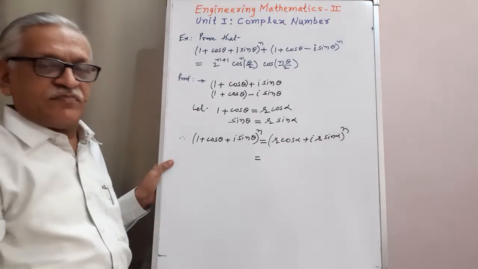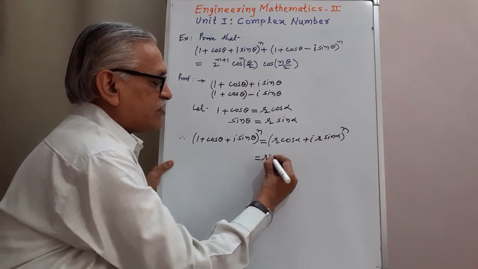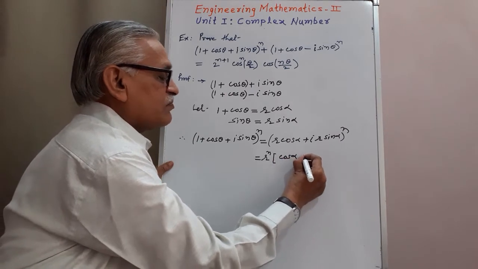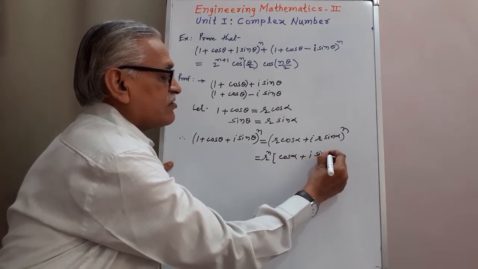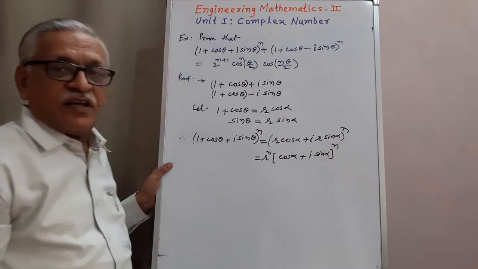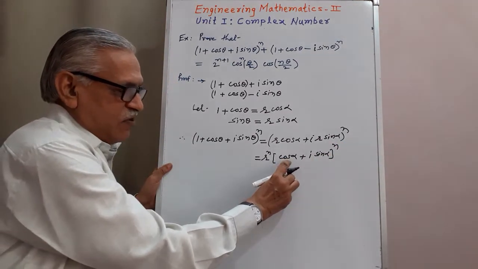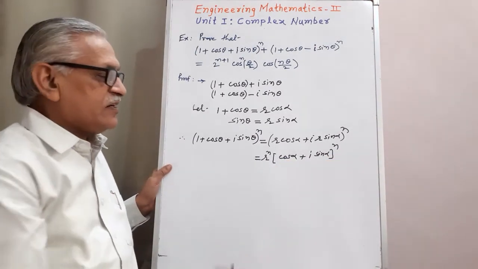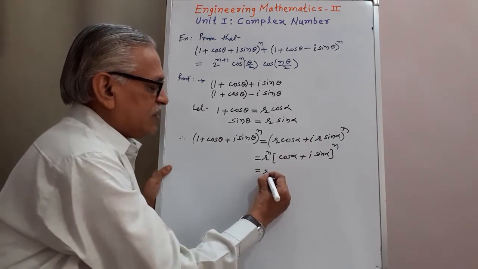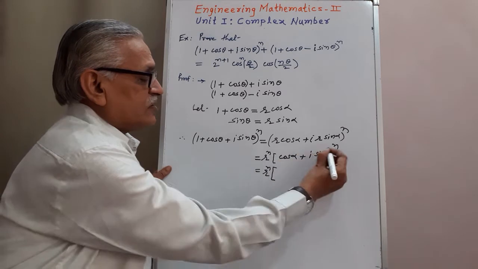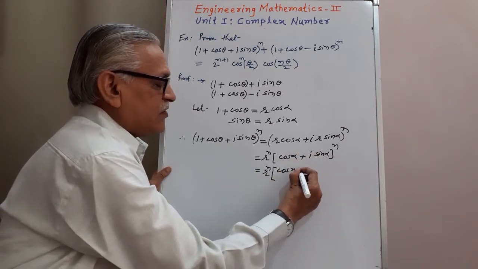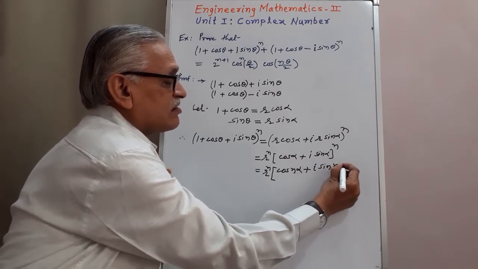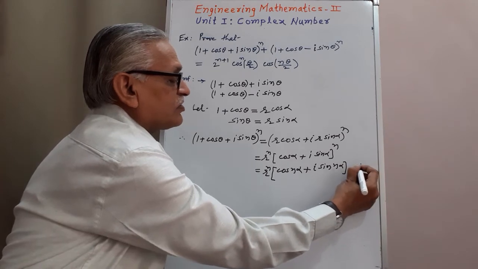We can take r common, so it becomes r^n (cos α + i sin α)^n. Applying De Moivre's theorem, it is r^n (cos nα + i sin nα). We call this equation 1.